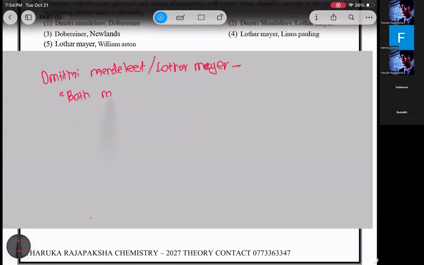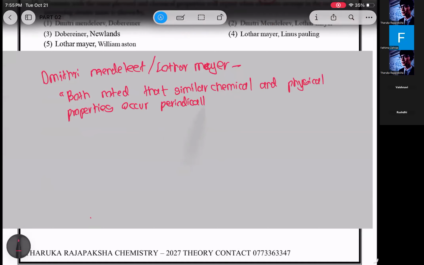Both noted that similar chemical and physical properties occur periodically when the elements are arranged in order of increasing atomic mass.